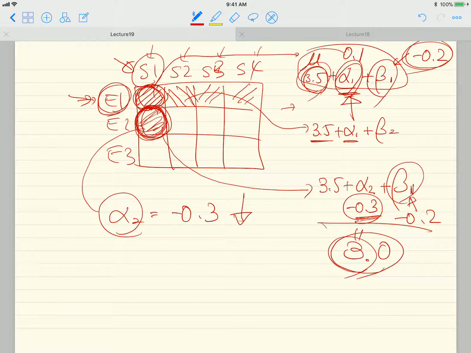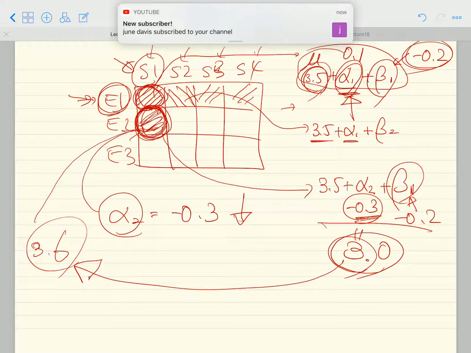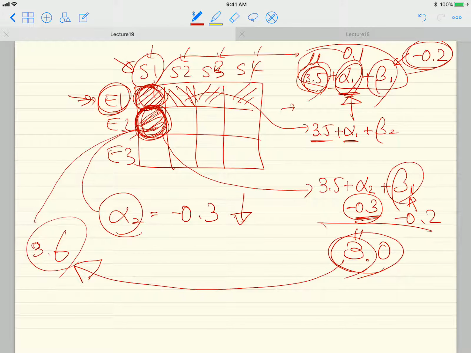But what if the true parameter value corresponding to this cell was actually 3.6, which is a lot higher than this value? It is possible in some cases. How can we interpret that? What kind of situation may correspond to that case? This student was not a great student, and this exam was really difficult.